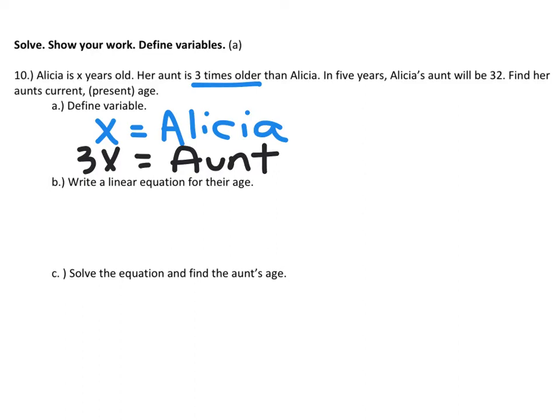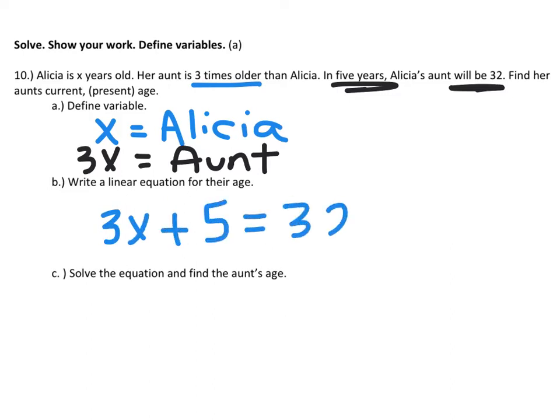Now, since we only know that her aunt will be 32 and we're focusing on her aunt 5 years from now, our linear equation could be her aunt in 5 years will be 32 years old. So 3x plus 5 equals 32.